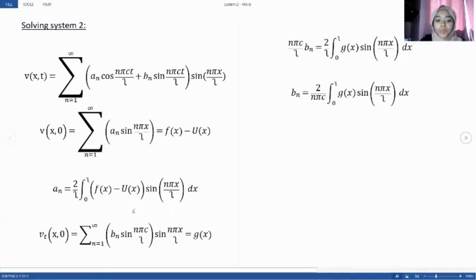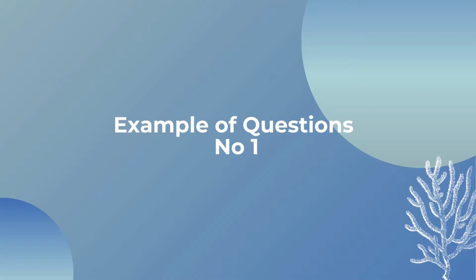Hence, if we rearrange this, we obtain n pi c over L b_n equal to 2 over L, the integration from 0 to L of g(x) multiplied with sin(n pi x over L) dx. Hence, we can obtain the value of b_n, where the formula is 2 over n pi c multiplied with the integration from 0 to L of g(x) sin(n pi x over L) dx.